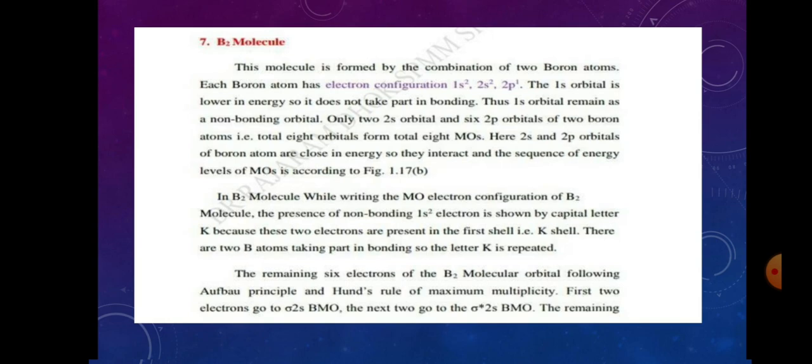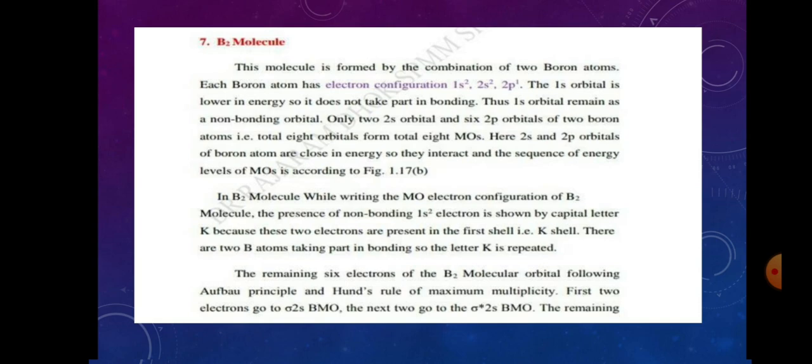While writing the molecular orbital electronic configuration of the B2 molecule, the presence of non-bonding 1s2 electrons is again shown by capital letter K because these two electrons are present in the first shell, that is the K shell. Here two boron atoms are combined, hence the capital letter K is repeated.